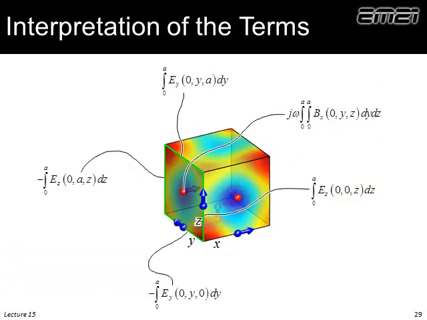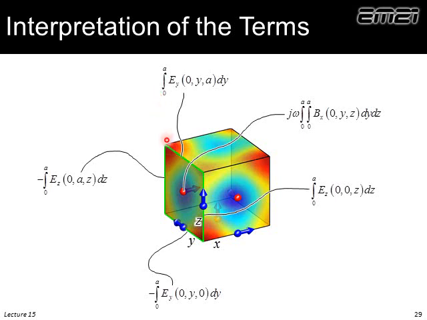Just to visualize where all the different terms are coming from, on the left-hand side of that equation, we had our 4 line integral equations. So this equation is integrating along this top line. This equation is integrating along this line. Notice there's a positive sign here because we're integrating, in this case, in the counterclockwise direction, which is in the positive y direction.